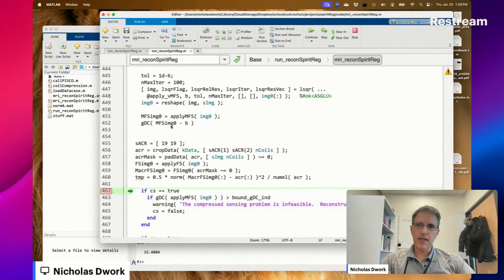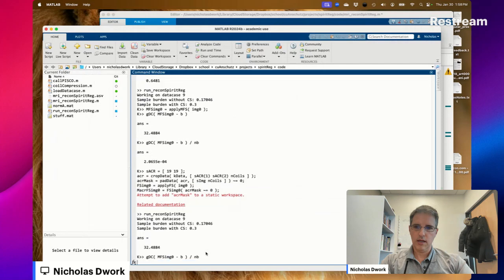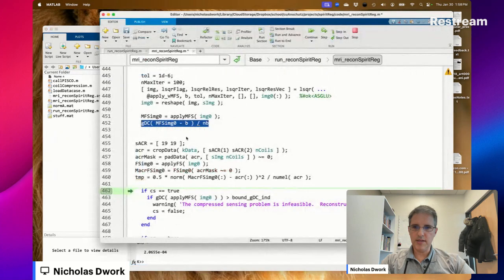So GDC minus B is 32, divided by NB. So what is GDC divided by NB? 2.2 times 10 to the negative 4. Temp is 8 times 10 to the negative 6. Huh. Here is much higher.